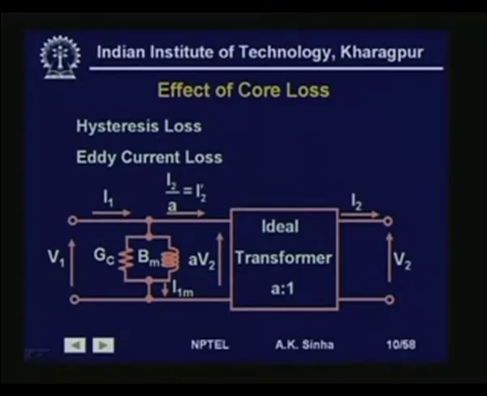As soon as we excite the transformer, this is going to happen. So, this is going to be there even at no load. So, this is dependent on the voltage that we use to excite or energize this transformer. Therefore, we have put this as a parallel branch. So, this parallel branch across this ideal transformer takes care of these two parts.